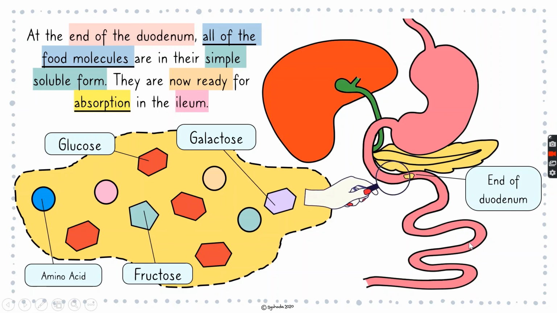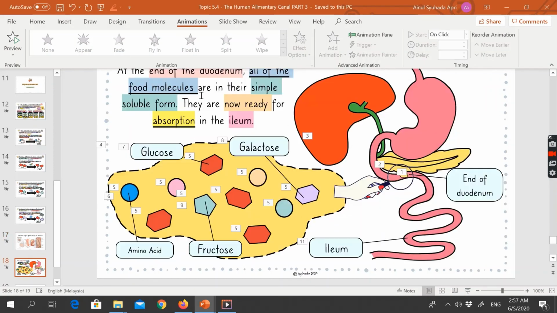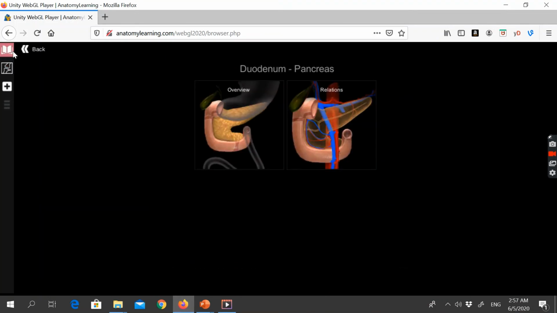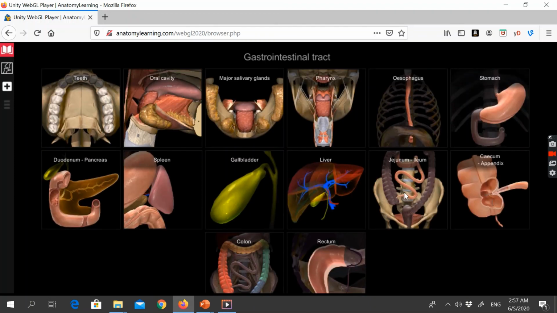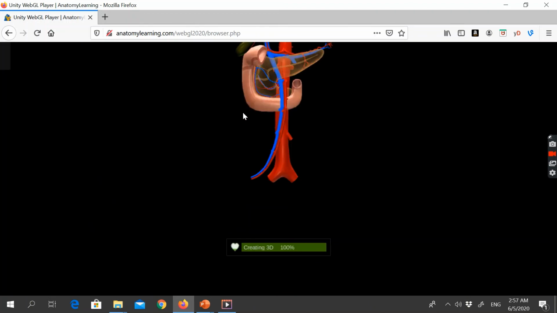So the ileum is the end part, the lower half of the small intestine. So if we just have a look at the small intestine, where is it here? So it's actually the ileum.